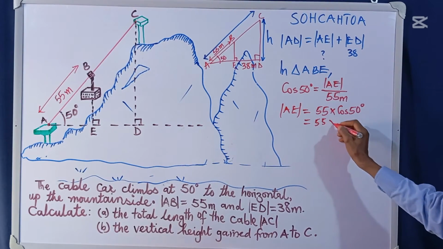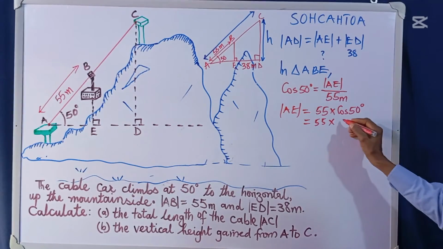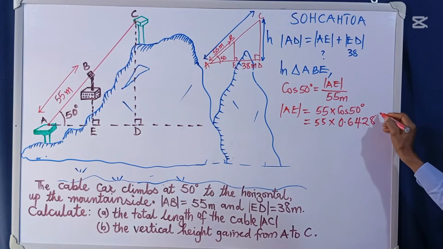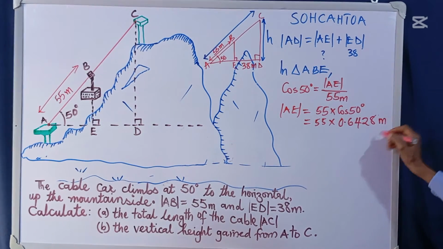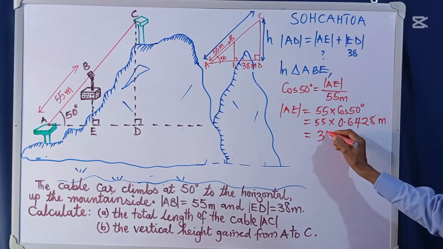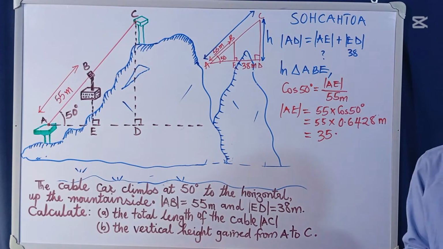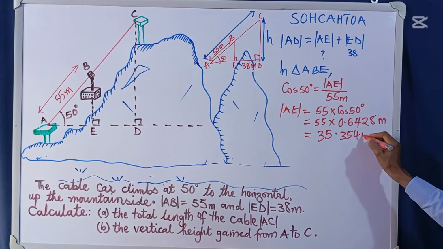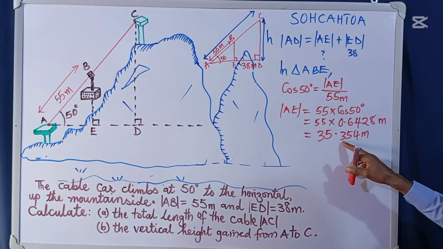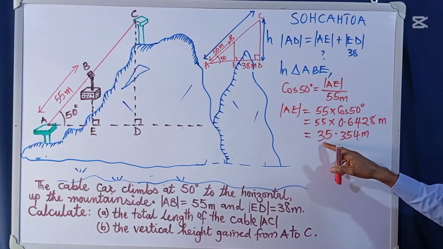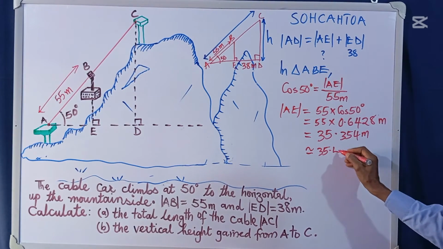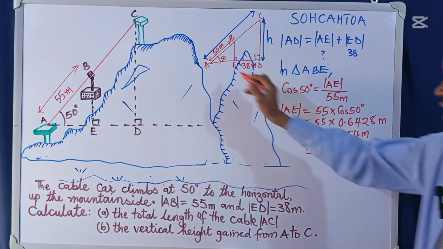So 55 times cos 50, which is 0.6428. If you multiply this value, that is going to give us 35.354 meters. Now let's approximate it: to one decimal place, that is approximately 35.4 meters.